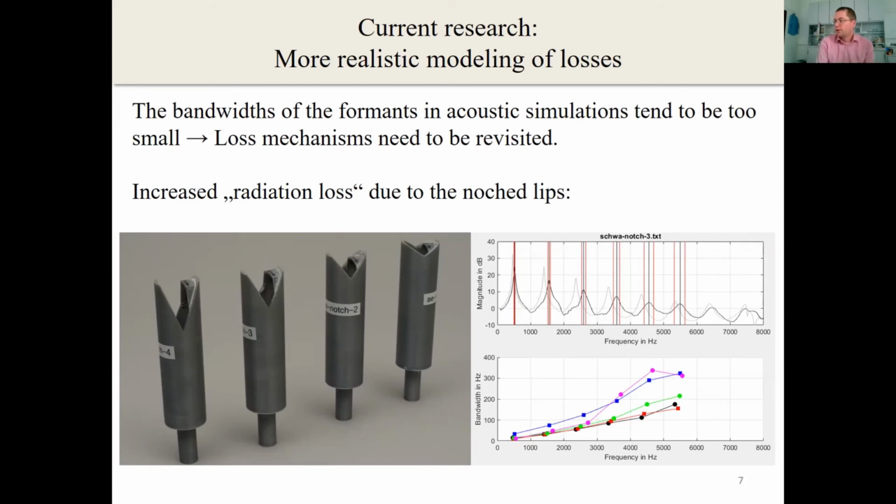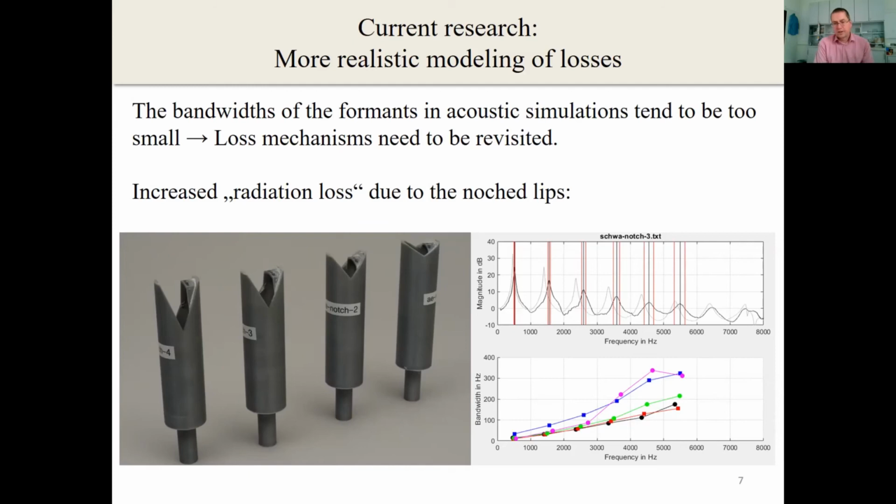And normally when you simulate radiation, you don't simulate these notches. You just simulate radiation from a tube that is a straight cut at the anterior end. And this is not really the case. When you have notched lips, the sound energy also escapes to the side of these notches, and that can be expected to increase the bandwidth.